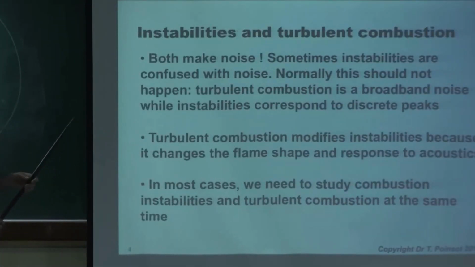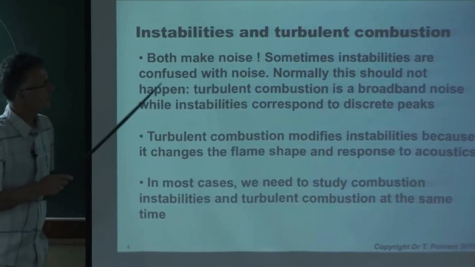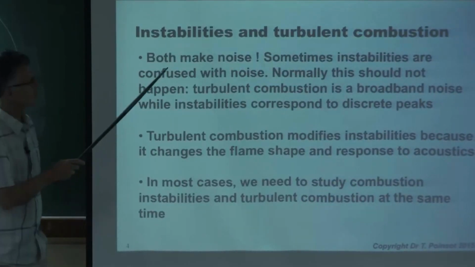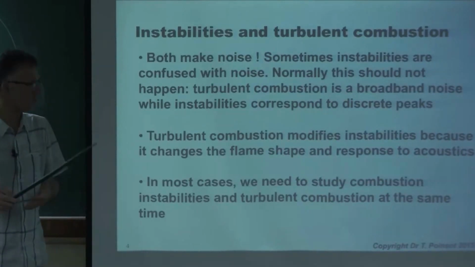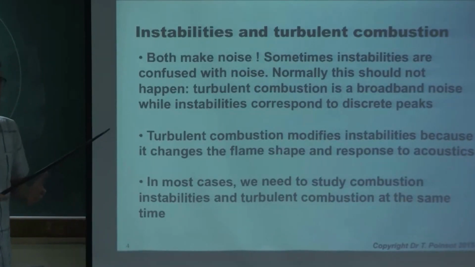So another comment about noise. Combustion instabilities make noise. Sometimes you can also have noise without combustion instabilities. In most cases, the spectra show that you have a combination of both. You have combustion noise, broadband, due to turbulence, and you have peaks. These peaks can be small if you have no instability, but then they become big if you have an instability, and it's a continuous process.